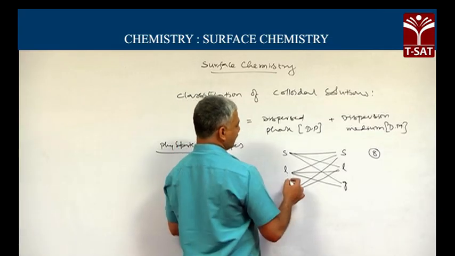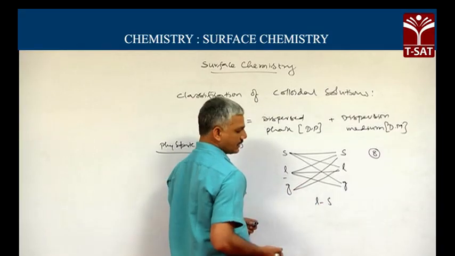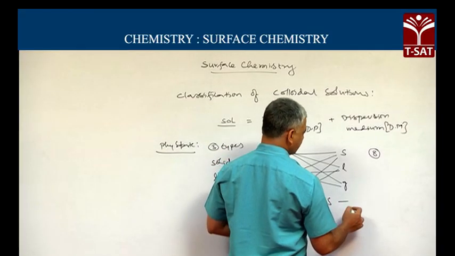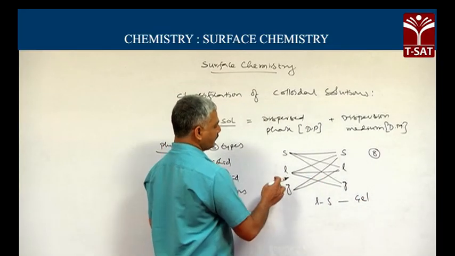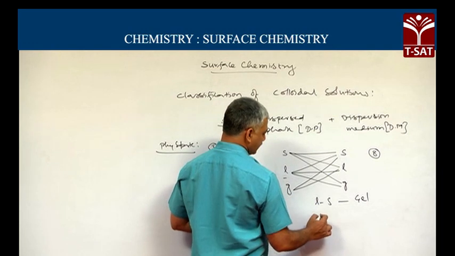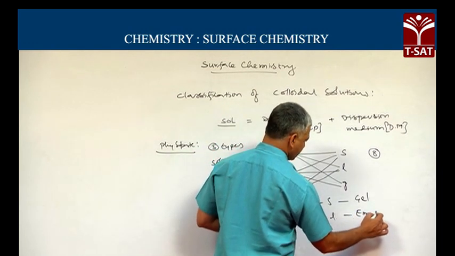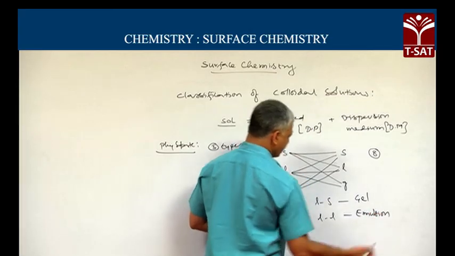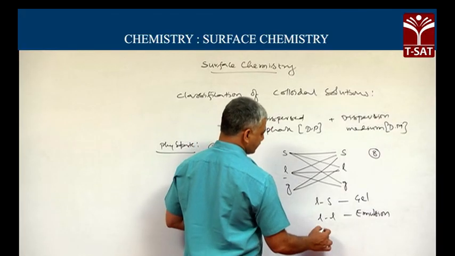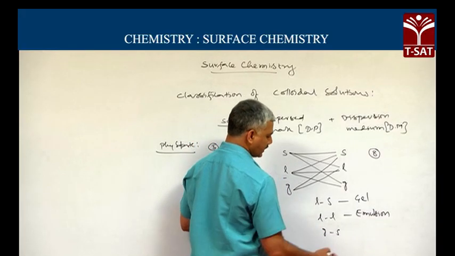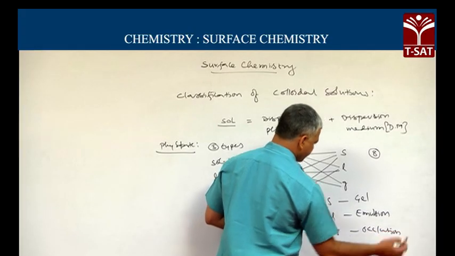If a liquid and a solid combination is there, the resultant colloidal solution is called gel. If both are liquid components, then the resultant colloidal solution is called emulsion. If gas and solid are involved, the process is known as occlusion.